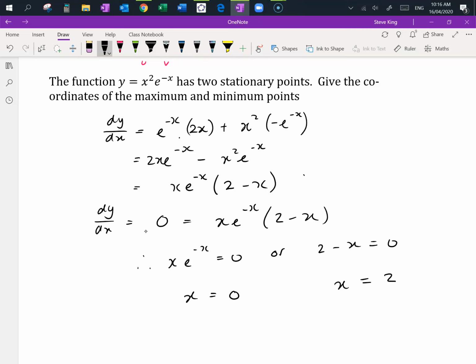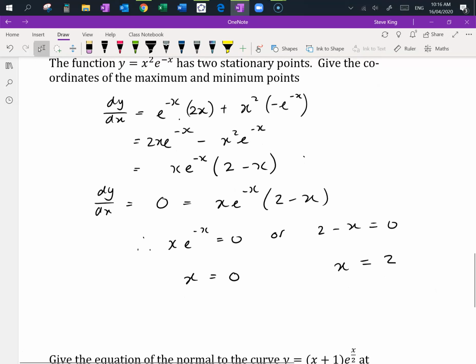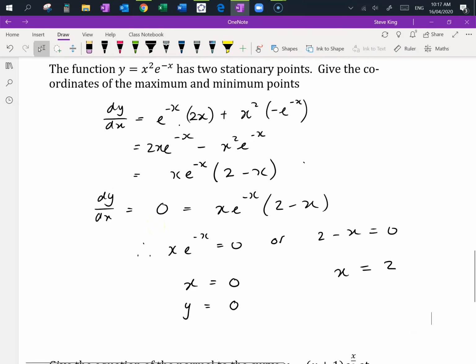All we need to do now is to figure out what the corresponding y values are with these. In this case over here, if I go and put 0 in there, I'm going to get 0 times something, so y is going to be 0. If I go and put x equal to 2 into the other expression, I'm going to get 4 e to the minus 2.